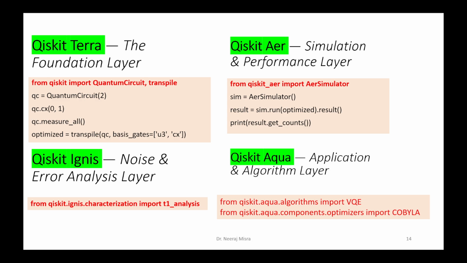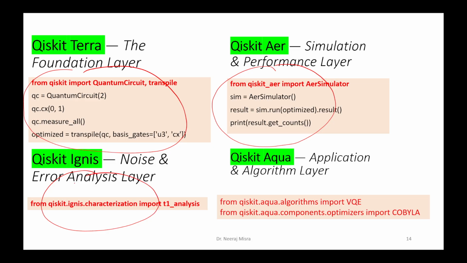So in that case we need different layers. So here, this is the code to check the circuit design part, how many gates there are, what are the types of gates in Terra. In the Aer layer, we have to see the simulation mode or the qubit measurement results, and Ignis is to measure the noise with the help of this library file, and Aqua is used to develop a new algorithm with the help of these library files.